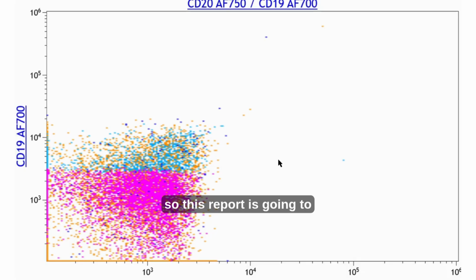So this report is going to be signed out as a positive involvement by lymphoma cells that are under follow-up, in about 2% of the events analyzed in this study.